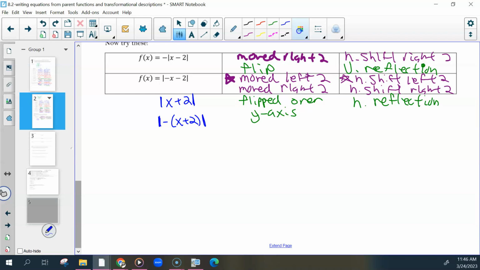And they would all look the same. So if you graph them all, they would all graph on top of each other. It's weird. So horizontal reflections, really you'll just need to know when you see it, that's what it is. What questions do we have on any of this so far?